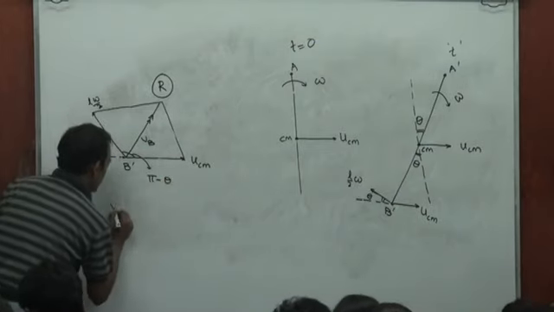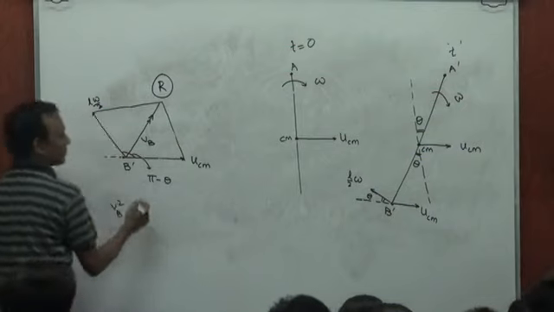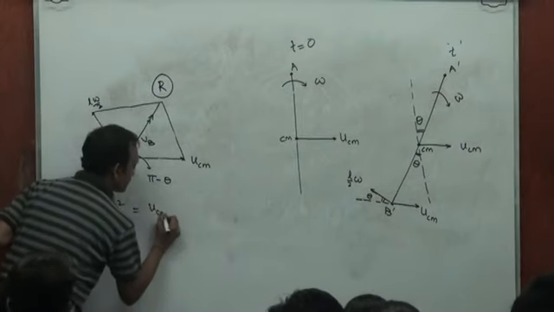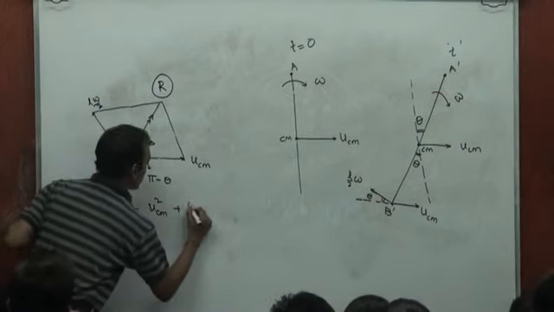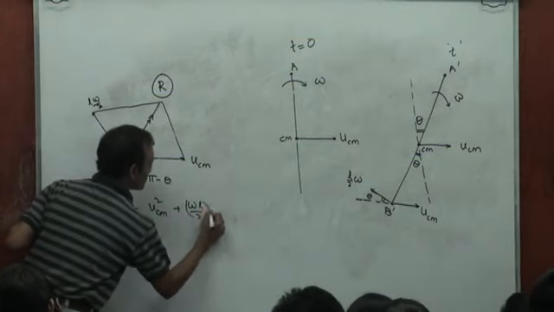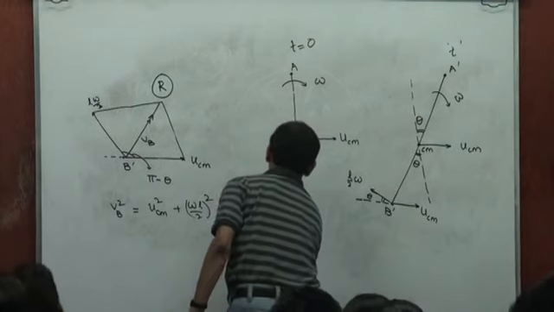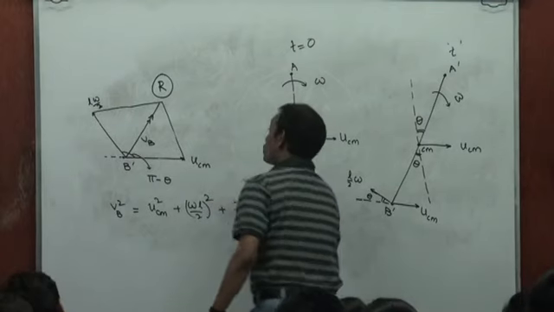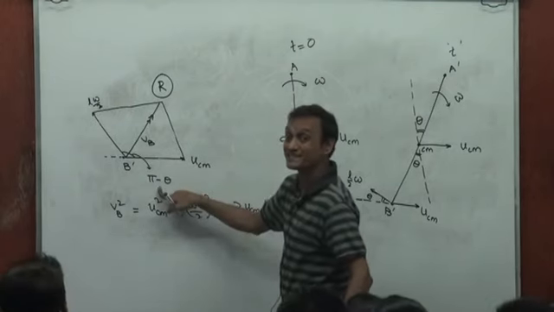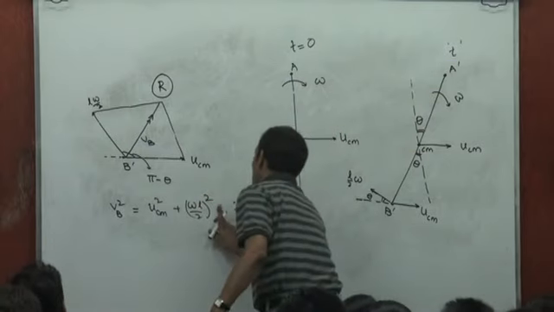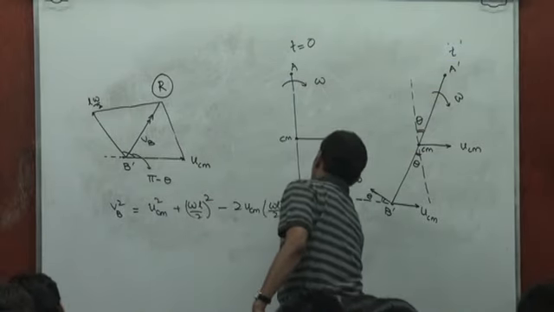So can I say that VB squared is UCM squared plus omega L by 2 squared plus twice UCM into omega L by 2 cos pi minus theta. Cos pi minus theta would be minus cos theta.